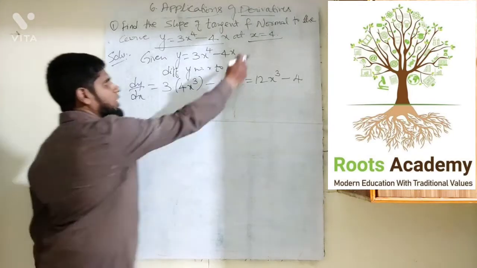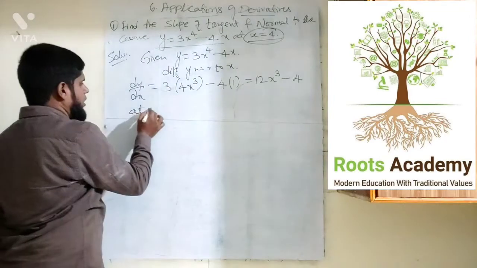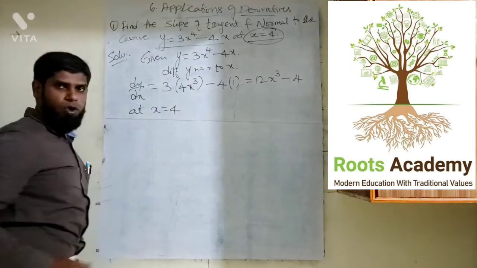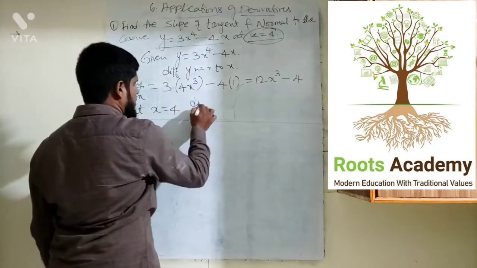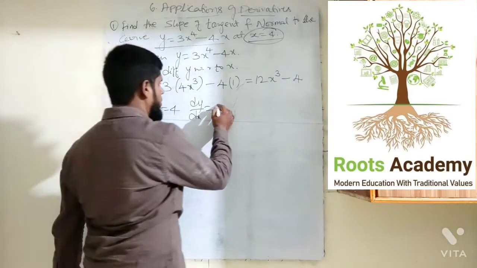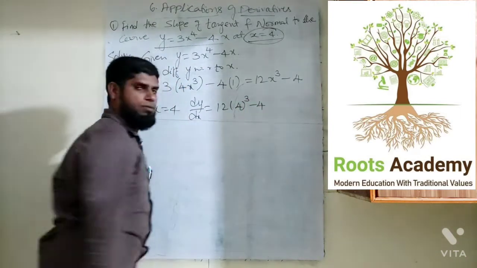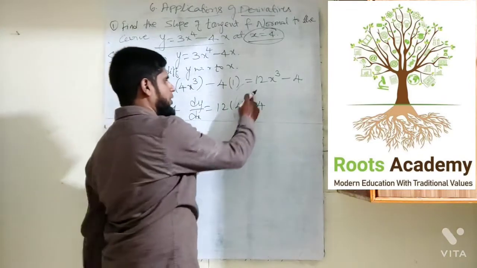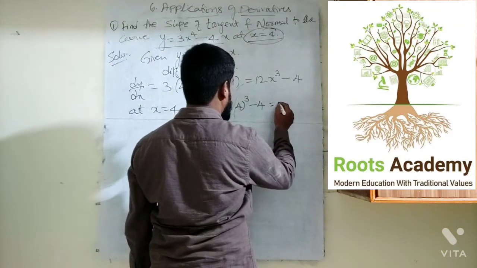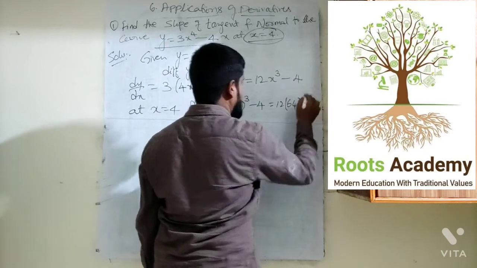Let us substitute the value of x is 4 here. At x is equal to 4, dy by dx is equal to 12 into 4 power cube minus 4. 4 cube is 64, minus 4.